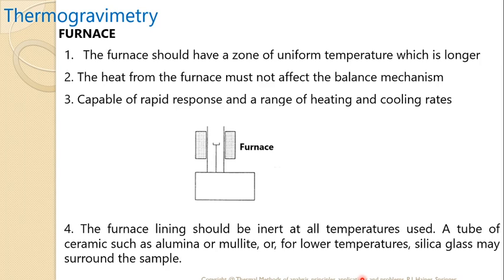Suppose we have to heat the sample by 10 Kelvin per minute. At that time, we require 1.5 hours for heating and 1.5 hours for cooling. So for the analysis of one sample we need 3 hours.